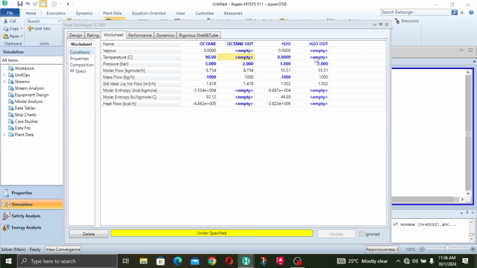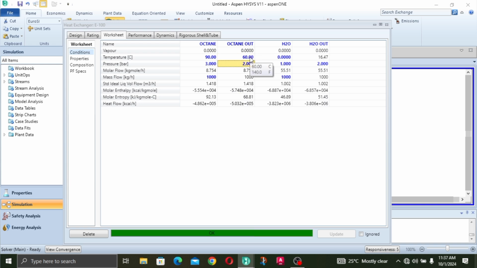It causes an error in our operation that is not desired. So let's say the outlet temperature of our octane after losing heat is about 60 Celsius. And ASPEN HYSYS automatically finds the temperature of the 4th variable, our H2O outlet, to be 16.4 Celsius.